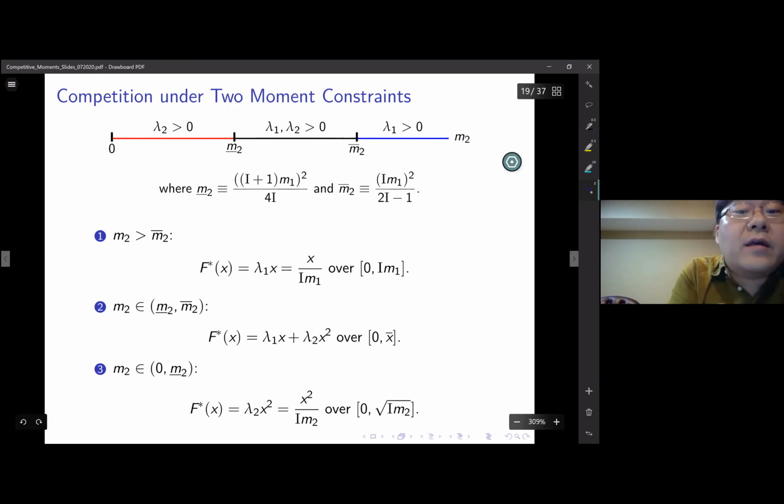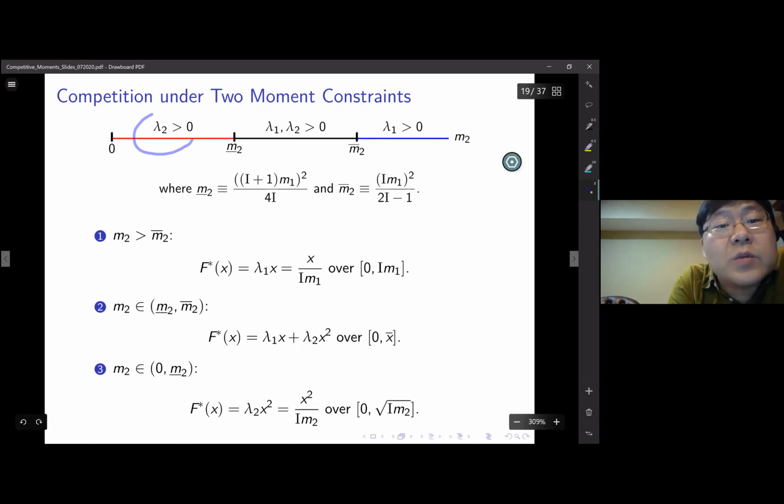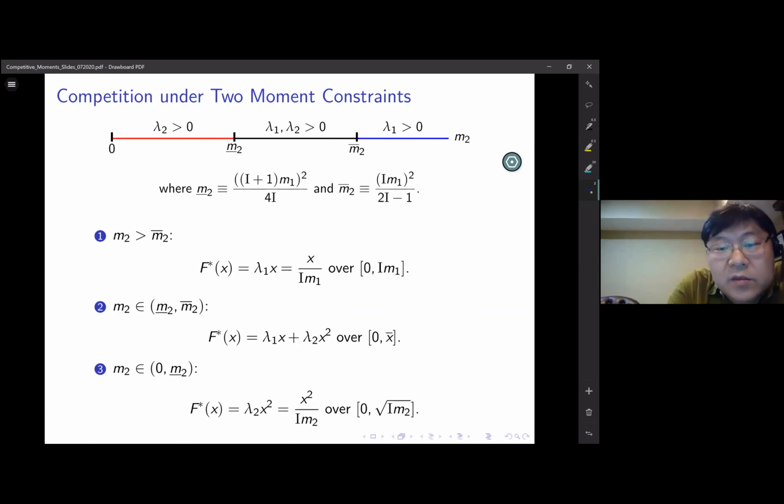If M2 is sufficiently small, that means that the second moment is a really scarce resource. In that case, players don't really care much about the first moment. So that's the case where the first moment constraint does not bind, and we are going to have only the case where lambda 2 is strictly positive. So based on this, this is the closed form solution for the first case when M2 is sufficiently large.